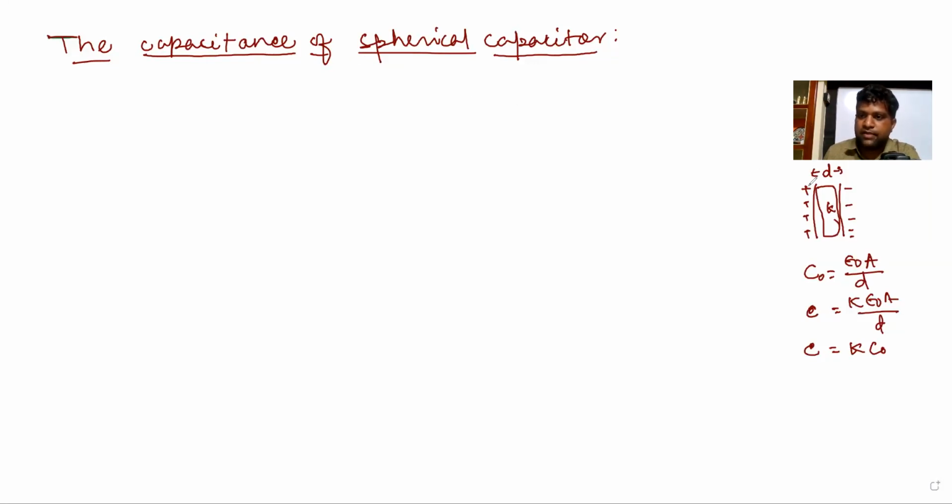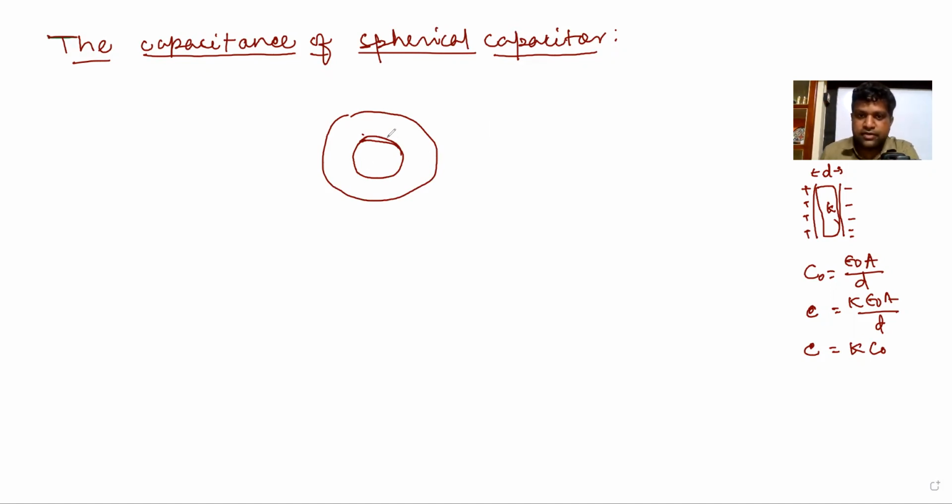Now, like the parallel plate capacitor, where two plates were there, in the case of a spherical capacitor, two concentric spheres will be there, metallic or conducting spheres. The inner sphere may be a solid sphere or hollow sphere, but the outer sphere is a hollow sphere, and in between there should be a gap.